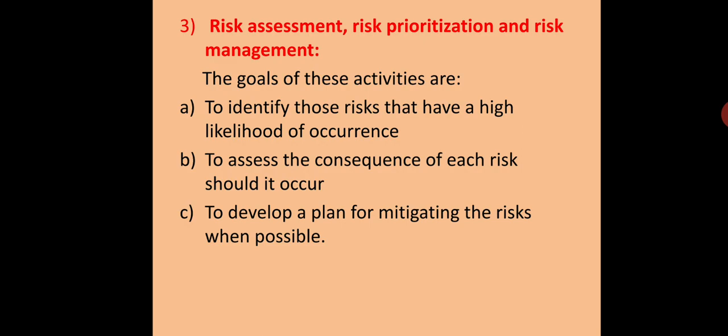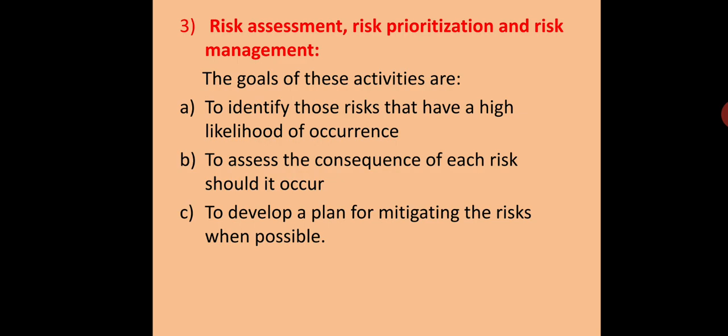Now, once you know which risks can occur, you should also assess what could be the consequence of this risk. If this risk occurs, what is going to be affected in a given project? What are the consequences? And the third thing is that you have to develop some kind of plan for mitigating the risks whenever possible.